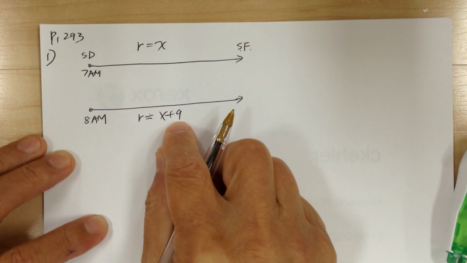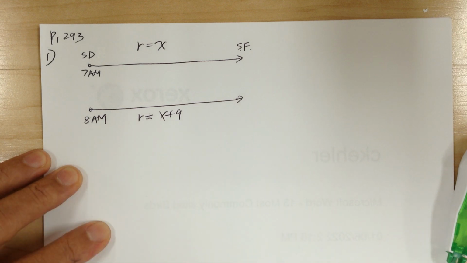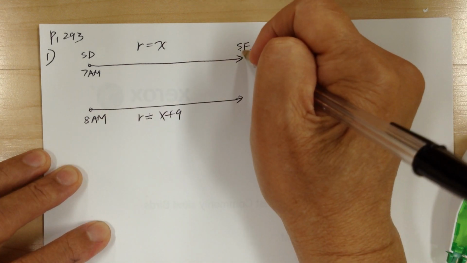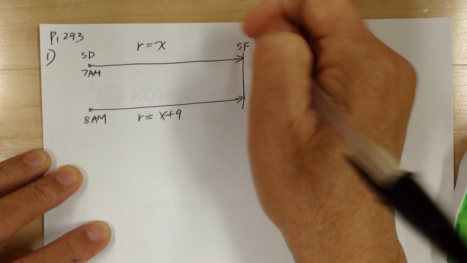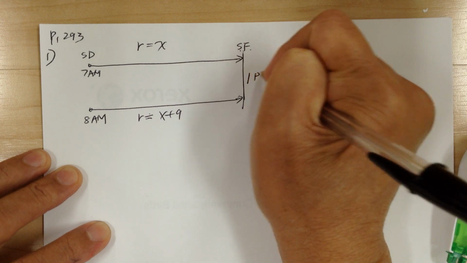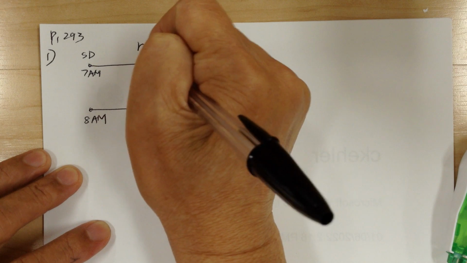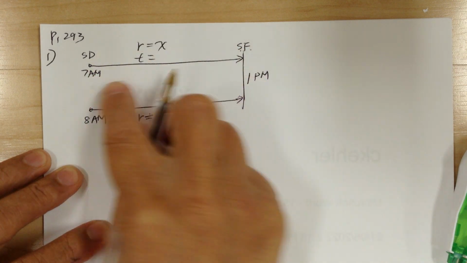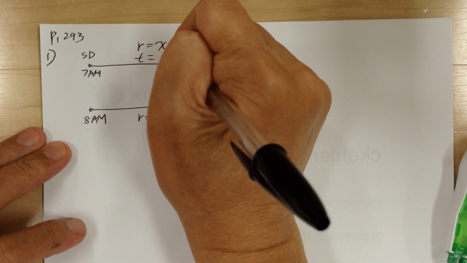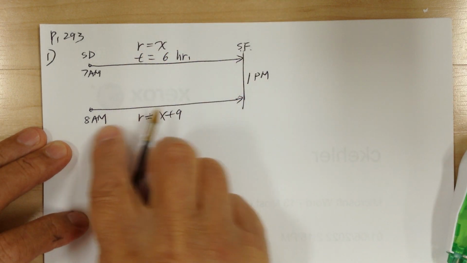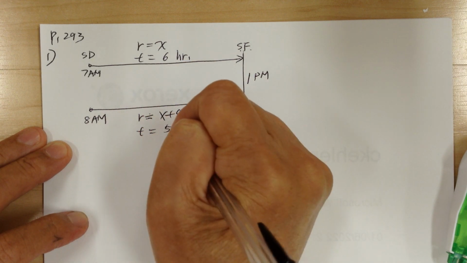And they overtook at 1 p.m. So they didn't quite make it yet, but they reached it by 1 p.m. So the time from 7 a.m. to 1 p.m. is 6 hours, and 8 a.m. to 1 p.m. is 5 hours.